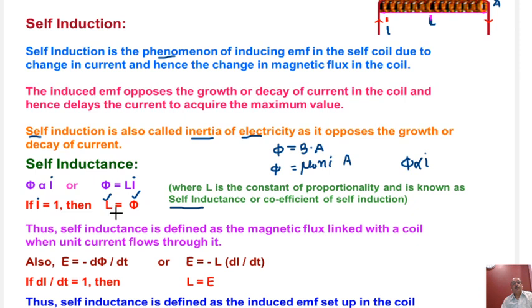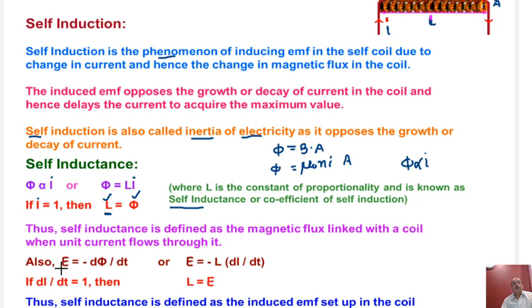Now we are defining the self-inductance. Self-inductance is defined as the magnetic flux linked with a coil when unit current flows through it.